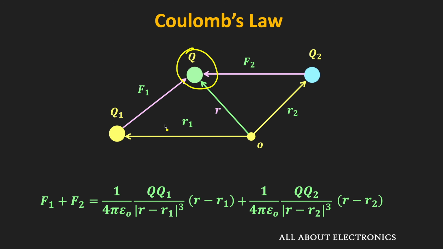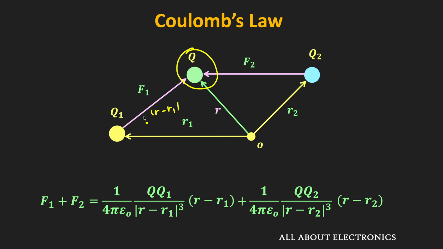So based on that, if we see the force that is acting on the charge q due to this charge q1, then it can be given as 1 divided by 4 pi times epsilon naught times q times q1 divided by r square. And here the distance between the two charges is equal to the magnitude of this r minus r1.